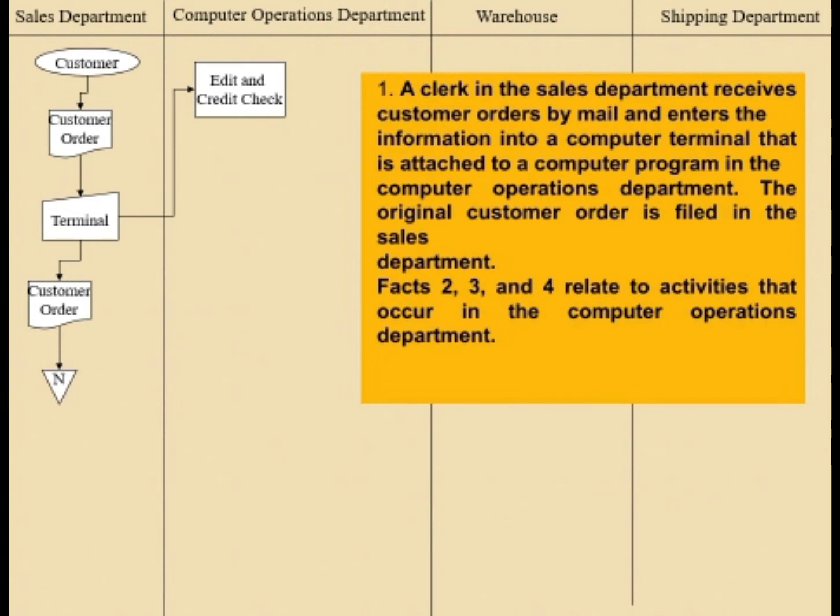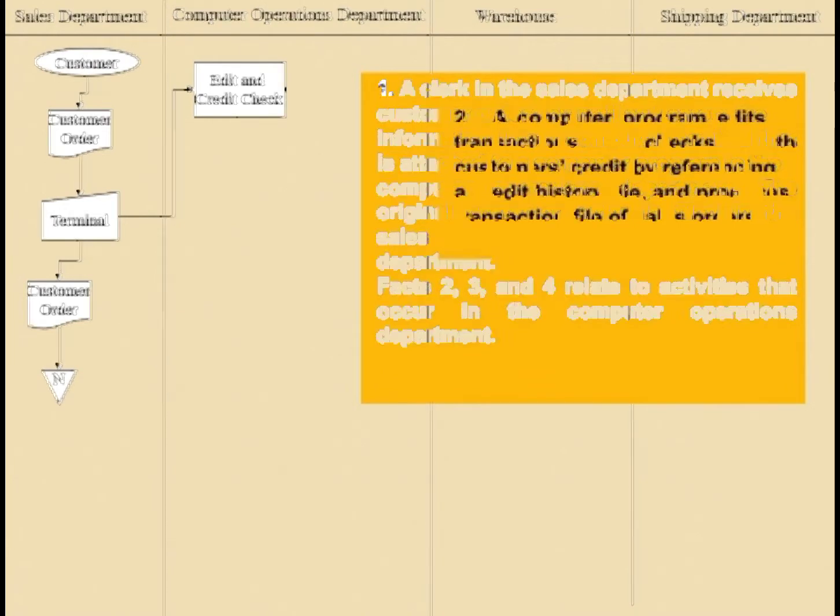So, again, yung example po is based pa rin po dun sa sales order system. Number 1. A clerk in the sales department receives a customer's order by mail and enters the information into a computer terminal that is attached to a computer program in the computer department. So makikita nyo po sa part na to yung information po na galing sa computer terminal is finorward po sa computer operation department.